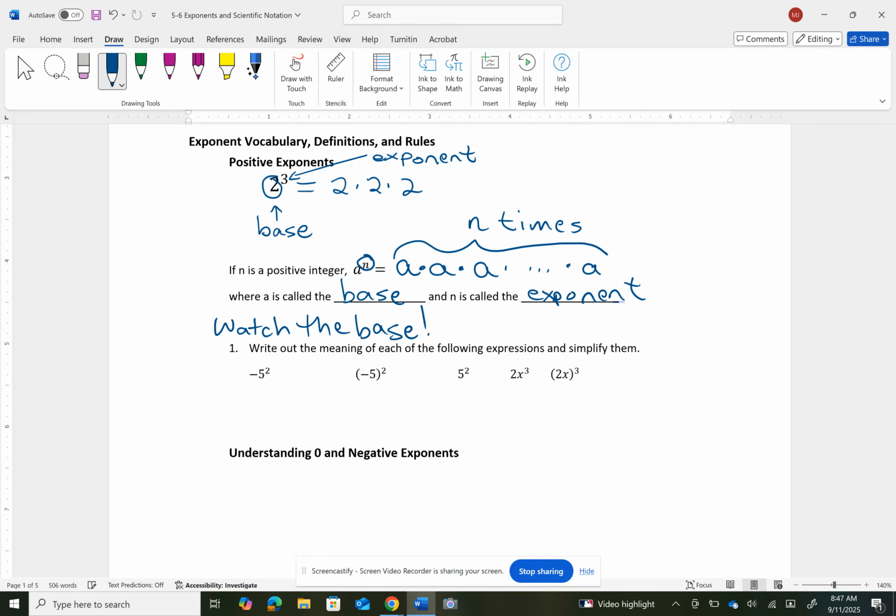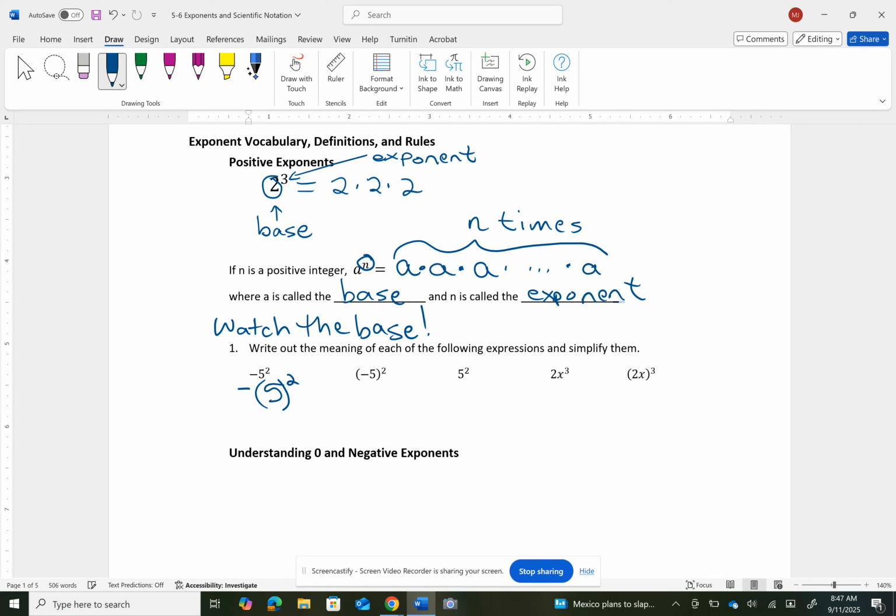All right, so let's take a look at these problems down here. The first and second one are probably the most important. On the first one, the exponent is really only being applied to the 5. This first one is really taking 5 and squaring it. The base is really 5, and then finding its opposite.